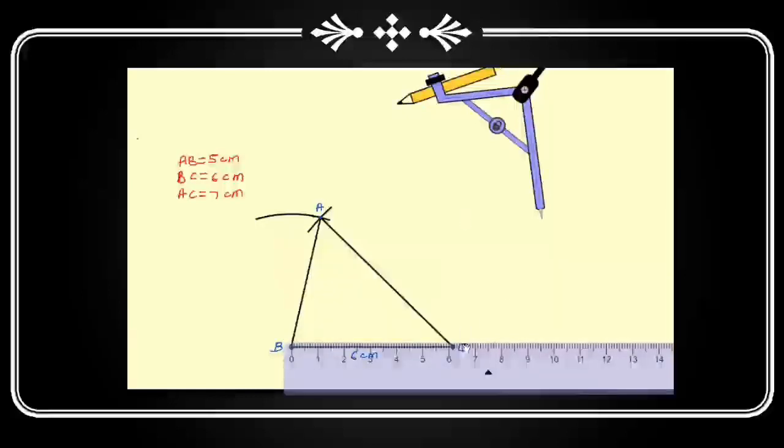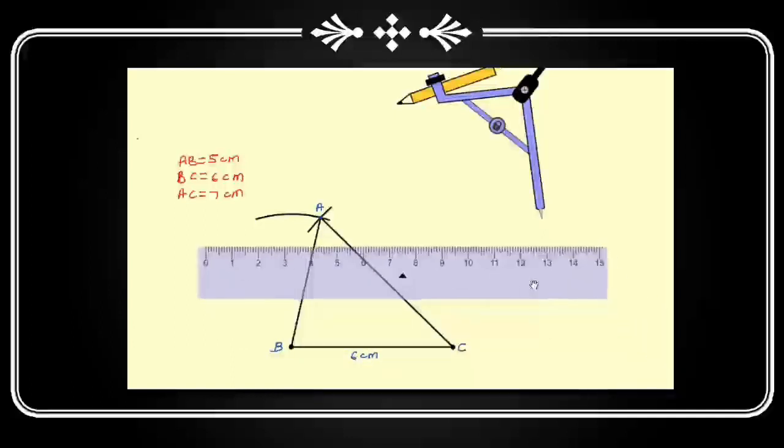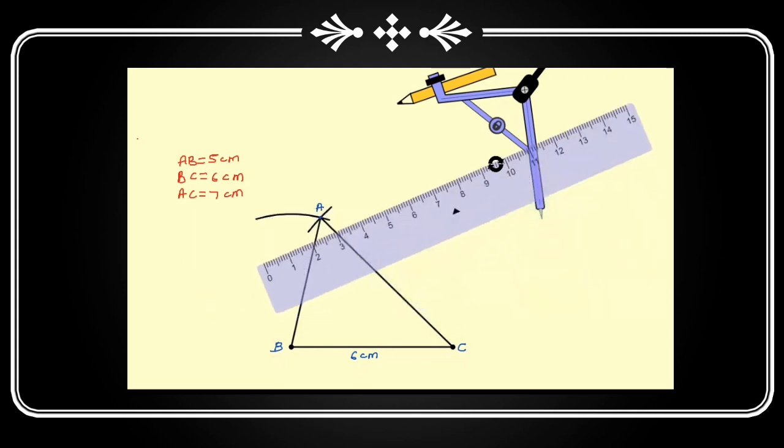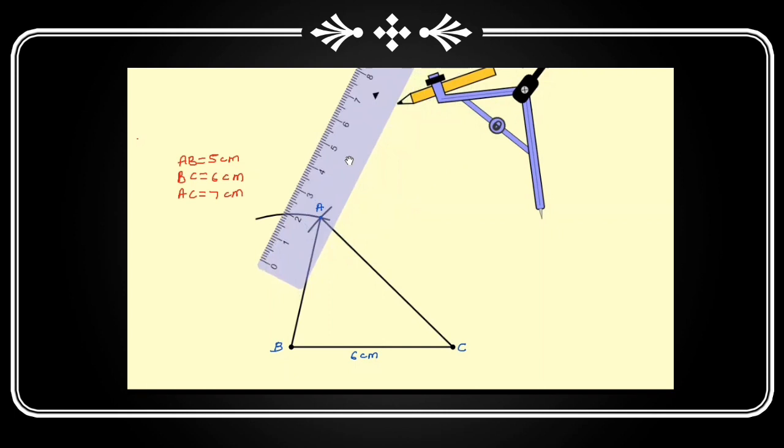BC is 6 centimeter. You can measure it after drawing. If you find any discrepancy, then you can draw it again because you will get numbers only and only if the measurements are accurate.